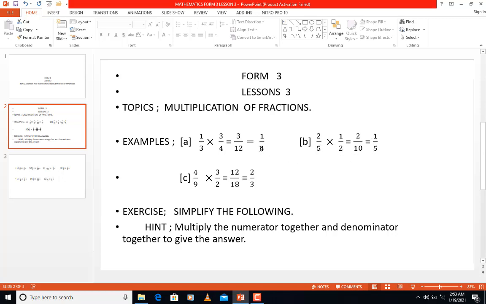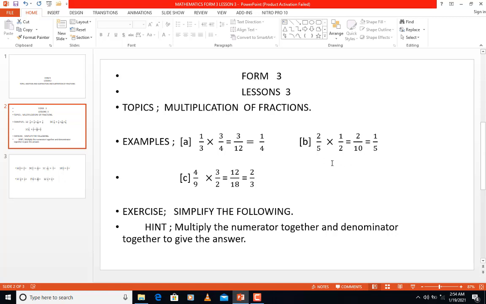Yes, this method is good, but once you make a mistake in your cancelling, automatically your answer is going to be wrong. But if you multiply the numerators alone and the denominators alone, even if you fail to simplify, your answer after multiplication is already correct, and what is left is to simplify it to its lowest terms.